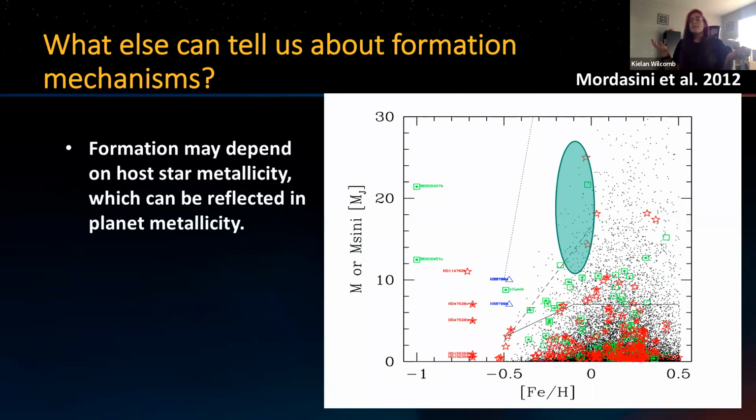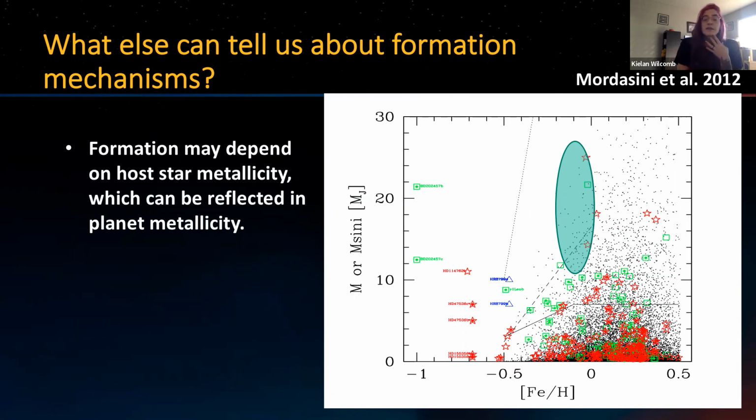So what else can tell us about formation of these wide orbit objects? In Mordasini et al. 2012, they stated formation may depend on host star metallicity, which can be reflected in planet metallicity. So in the plot, synthetic planets are the black dots. Lines indicate limiting boundaries of the model.